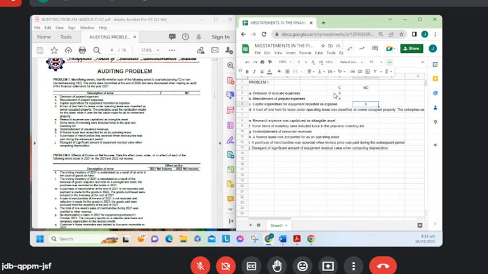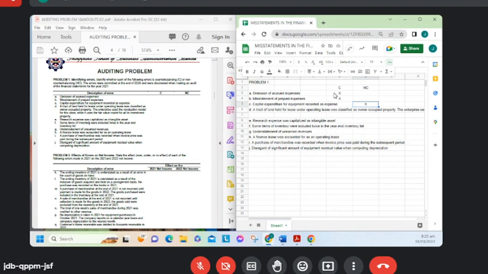So now, what will happen with the balance sheet account? The balance sheet account, which is equipment, will be understated because there is no capitalization made, where in fact the amount is capitalizable. So the equipment is understated and needs to be corrected in order for that amount to be correct.